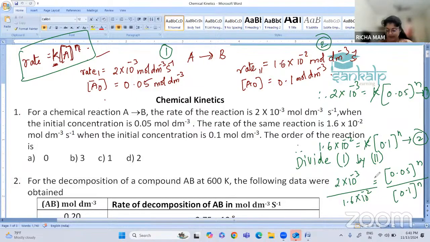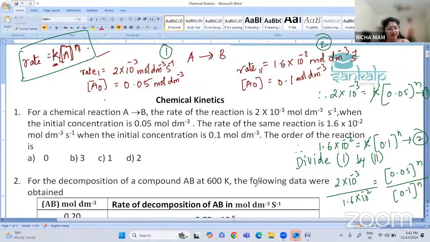So just find out. 0.3 into 10 raised to 2 into 10 raised to minus 3. Find out the answer here. Divided by 0.016.